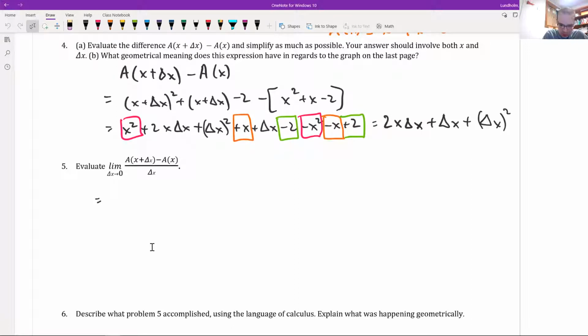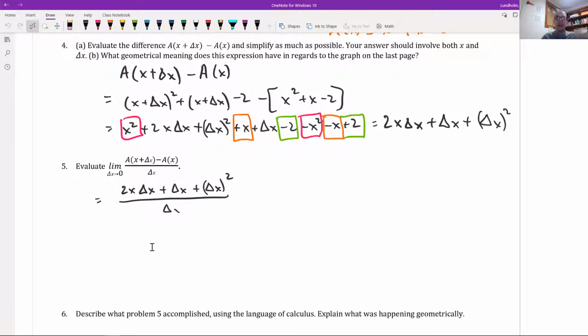So really all we have to do is put that in the numerator: 2x delta x plus delta x plus delta x squared. Yikes, that was awful.